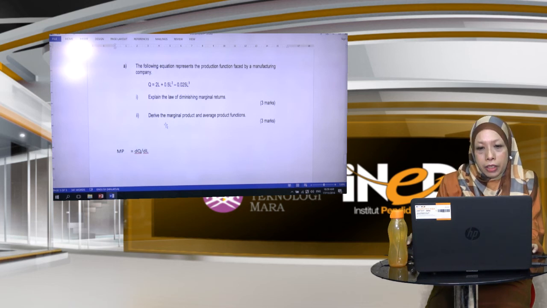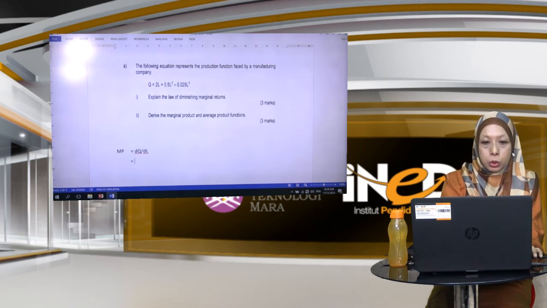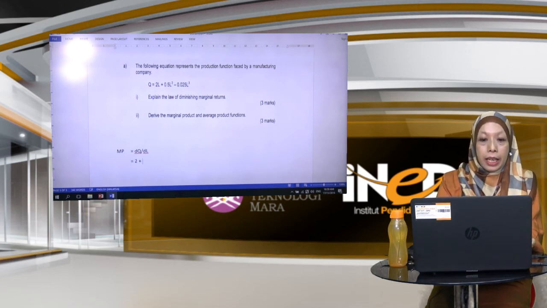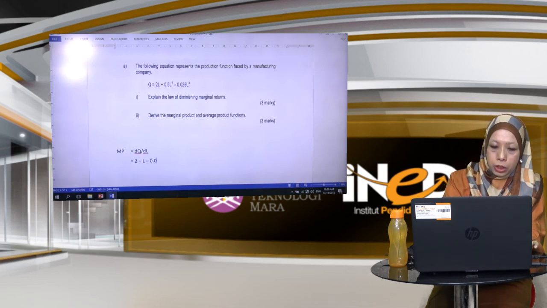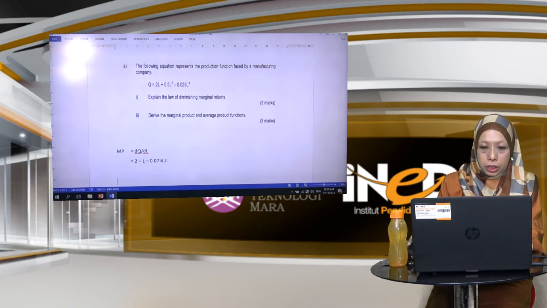Given your production function, your marginal product function is going to be 2 plus L minus, 3 times 0.025, so that will leave you with 0.075 L to the power of 2. So that's the marginal product function.